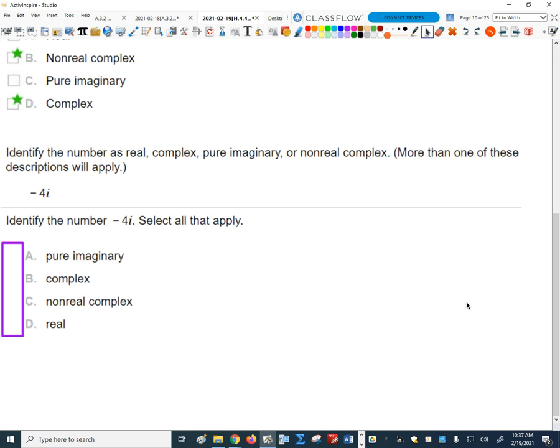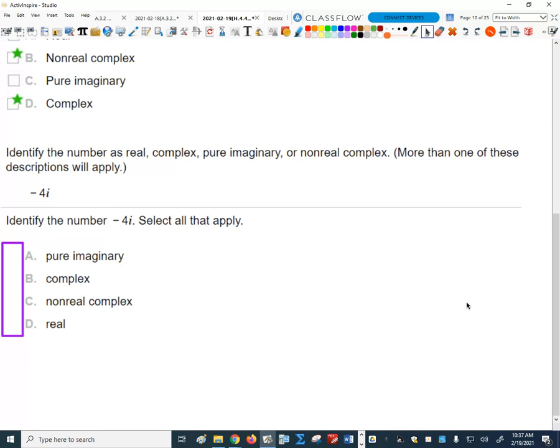Okay, how about this one? Last one. Negative 4i. Is it pure imaginary? Thumbs up or thumbs down? Okay, what are the values of a and b for that number? For negative 4i.